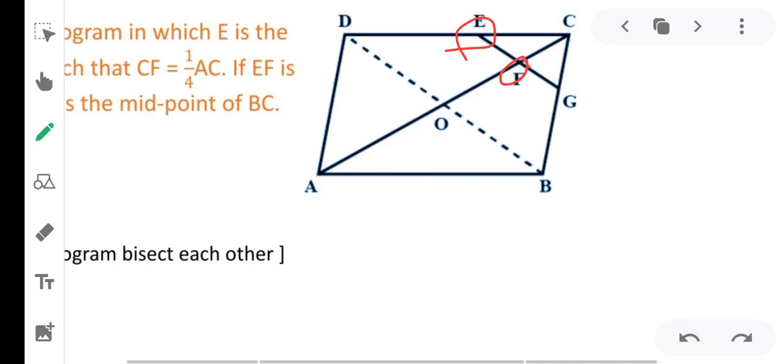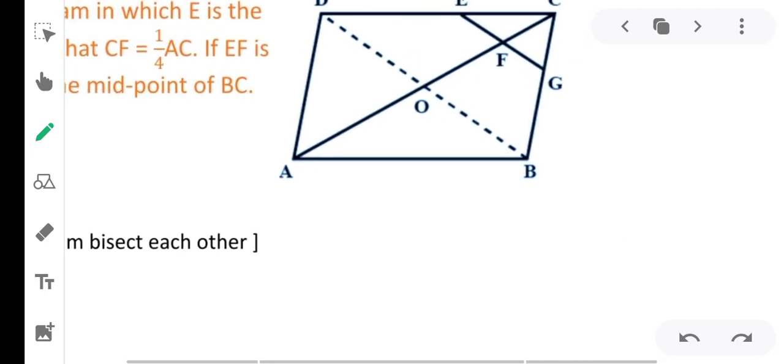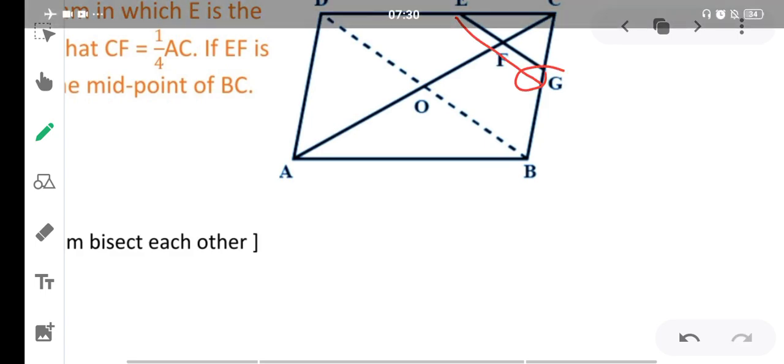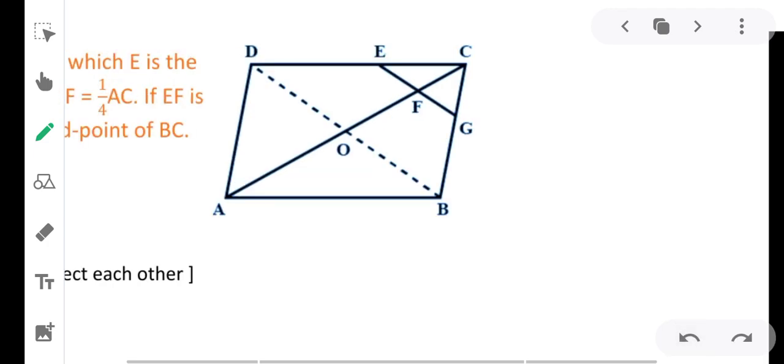If EF is produced to meet BC in G, prove that G is the midpoint of BC.